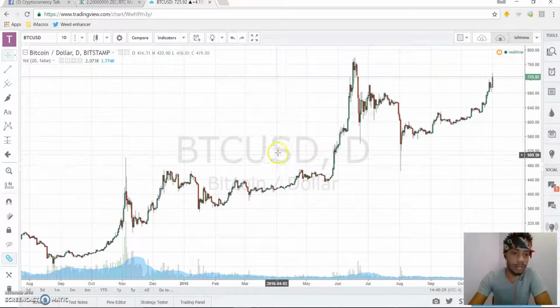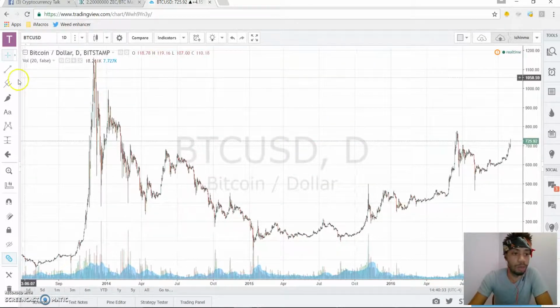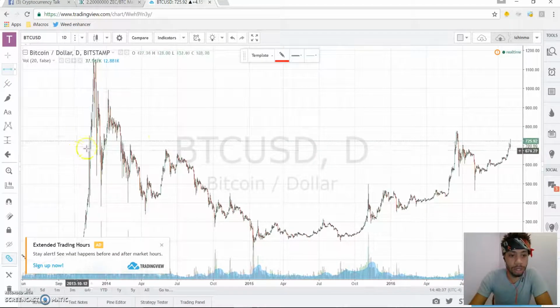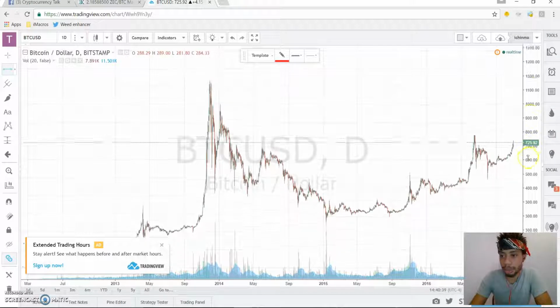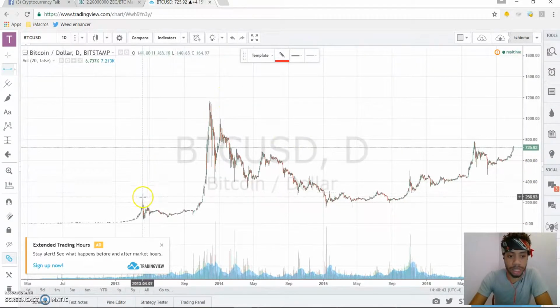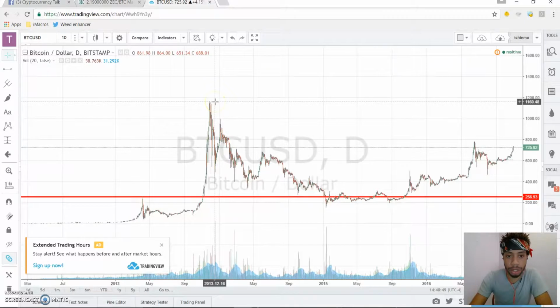All right, so first thing I do, I should have kept the lines on here, but we're going to draw some support and resistance lines. So let's find them. Just easy, just draw the tops. Here, here. Oh, I hate this.